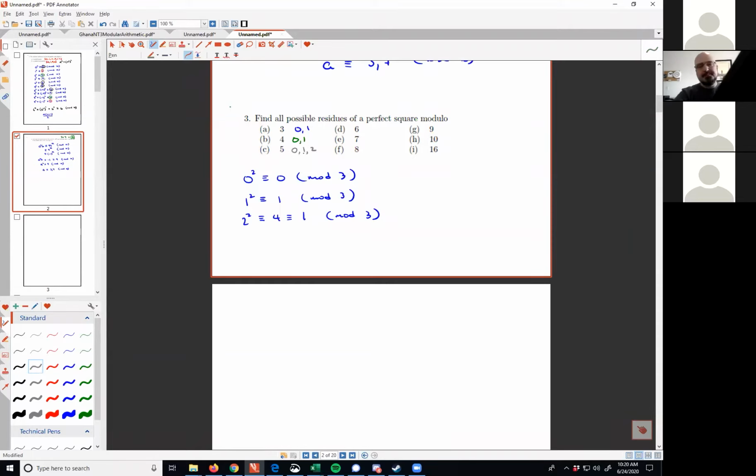I'm going to say you're never going to have much more than about half of the possible residues, because we're going to have that effect where we start squaring numbers at the end that are the squares of negative versions of the early residues, right? Like modulo 6, 1 squared is 5 squared, modulo 6, because 5 squared is negative 1 squared.